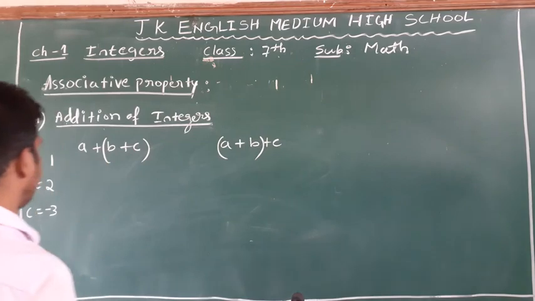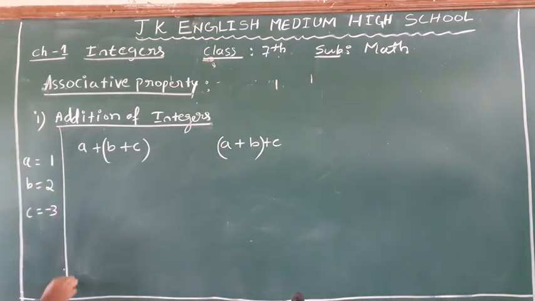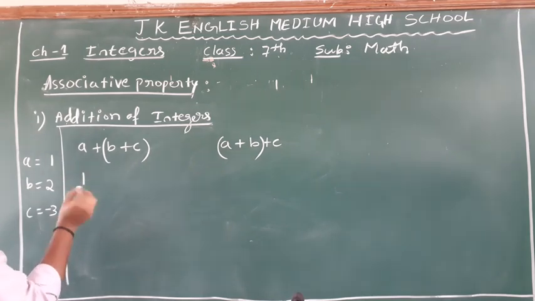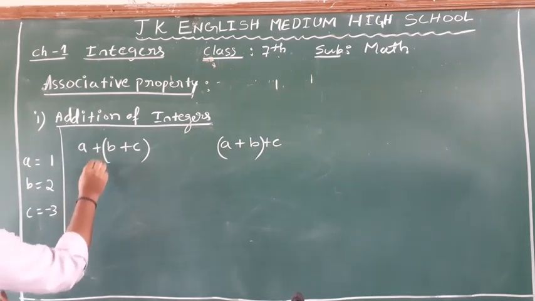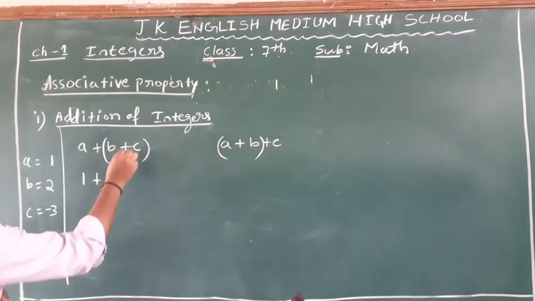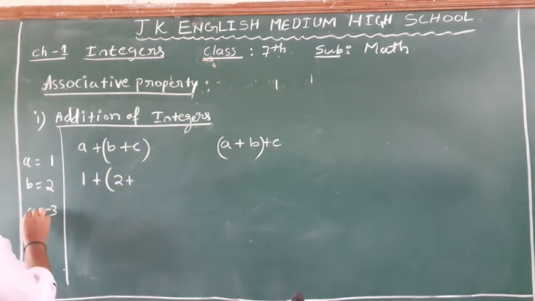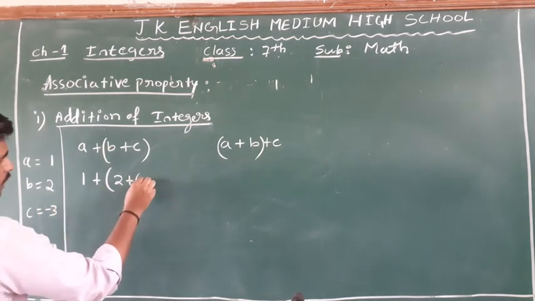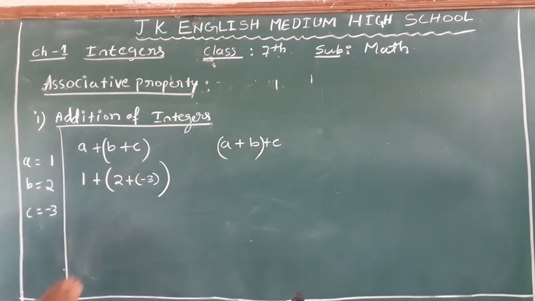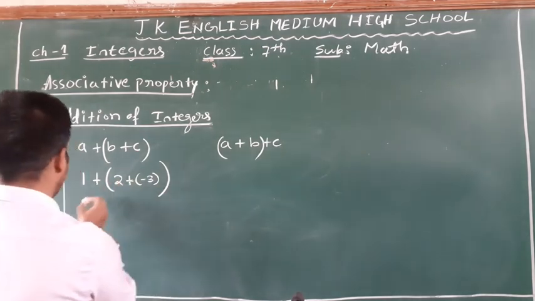Let's put the values. 1 means plus 1 only, this plus as it is, this B means 2, this plus as it is, C has a sign, therefore we have to keep it in a small bracket, minus 3, and this bigger bracket. First we will solve it.